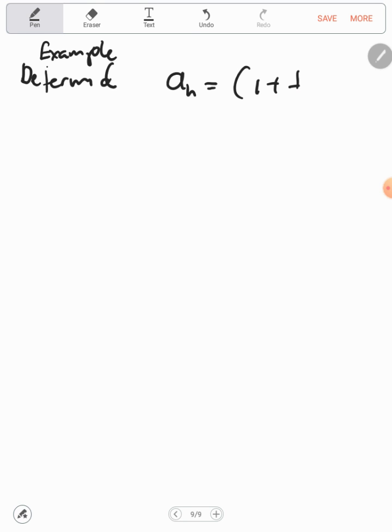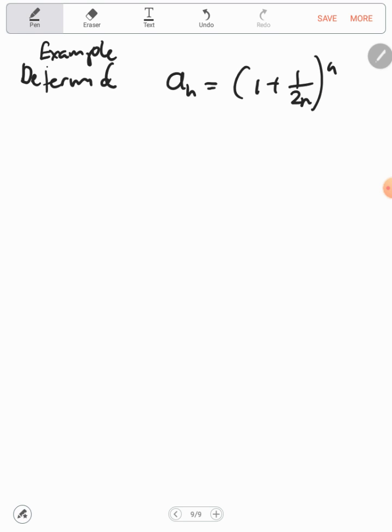We need to determine the convergence of a sequence a_n = (1 + 1/(2n))^n.